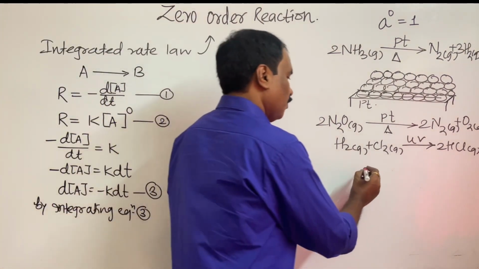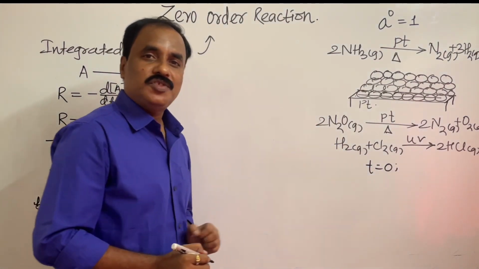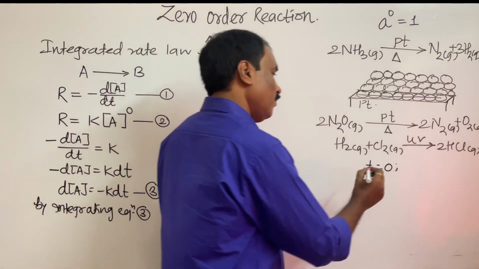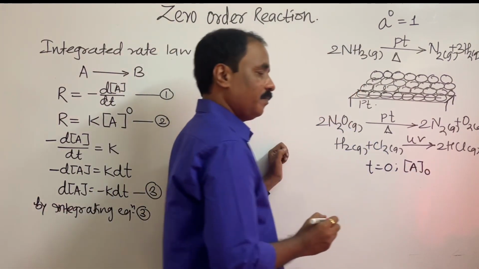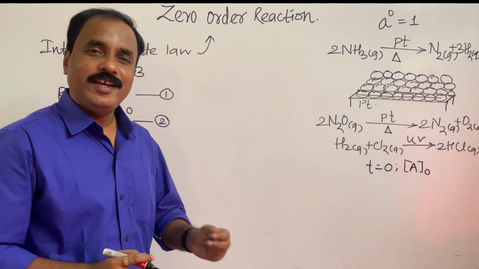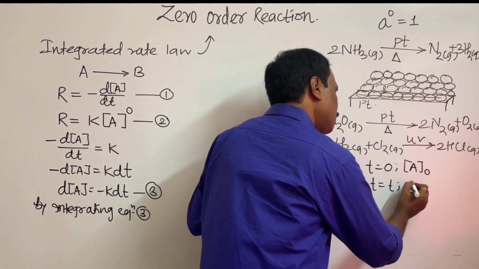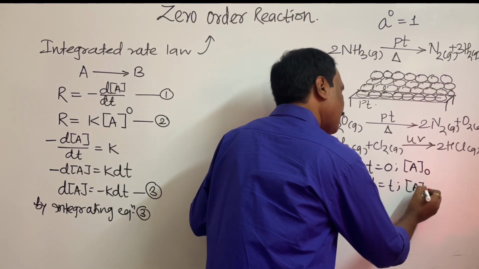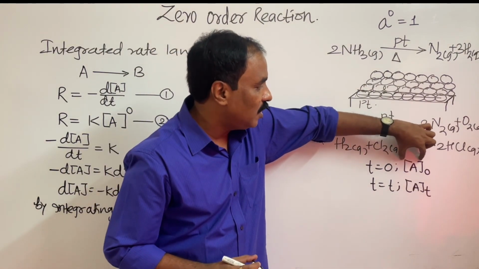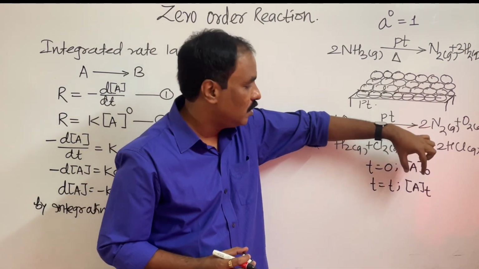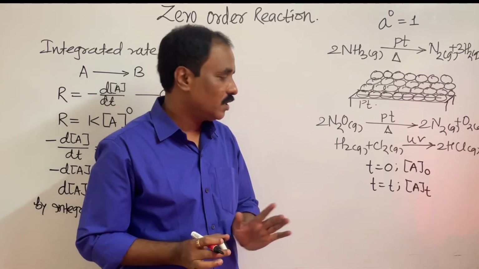When time is 0, when t is equal to 0, that is initially, the concentration of reacting molecule will be A0. After a certain time t, when the time is t, the concentration of reactant will be AT. A0 is the initial concentration of reacting molecule, and AT is the final concentration of reacting molecule.